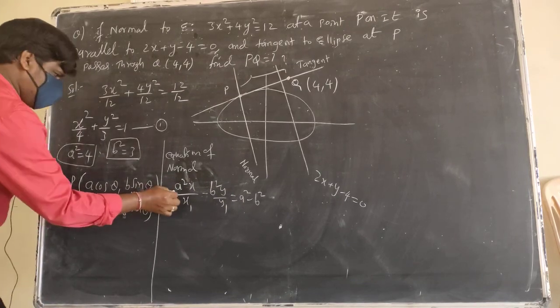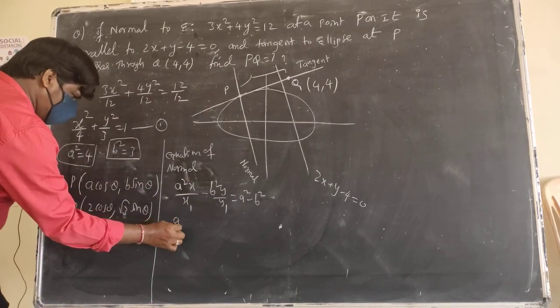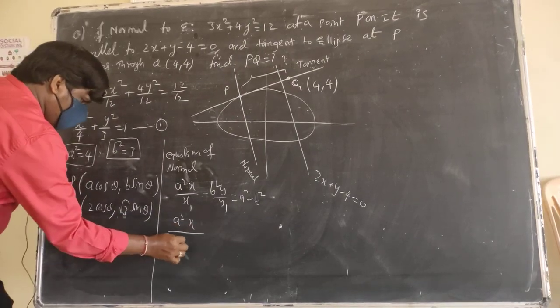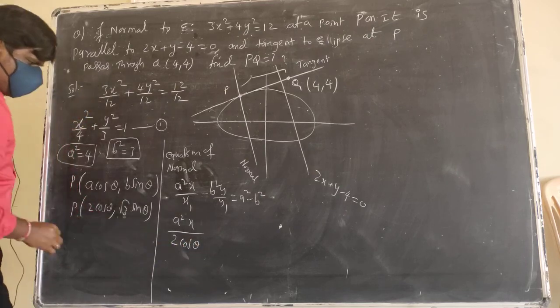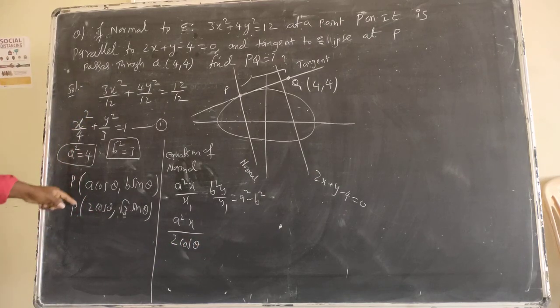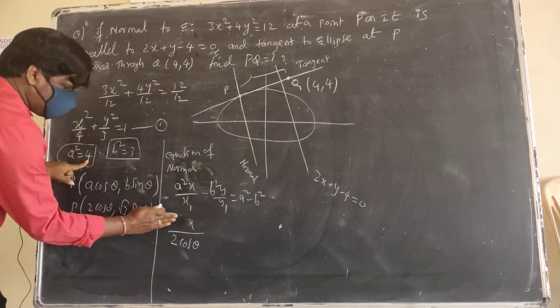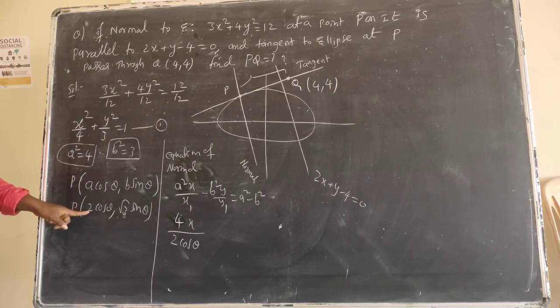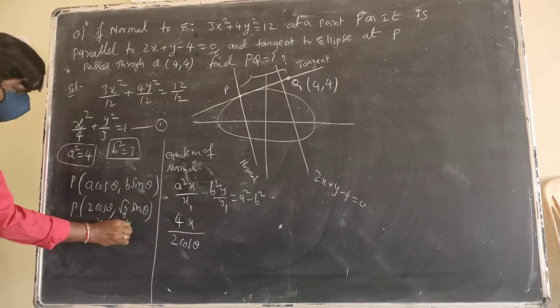So I can write a square x by x1. x1 means 2 cos theta. A is 2, so a square is 4. So 4x by x1, this is x1, this is y1.